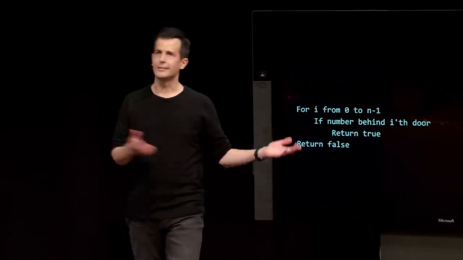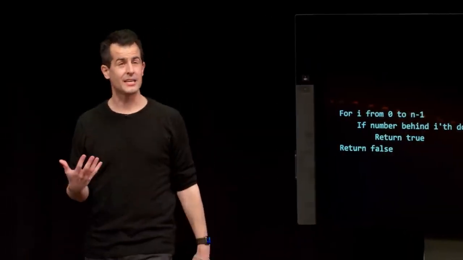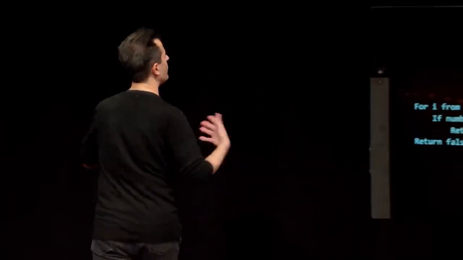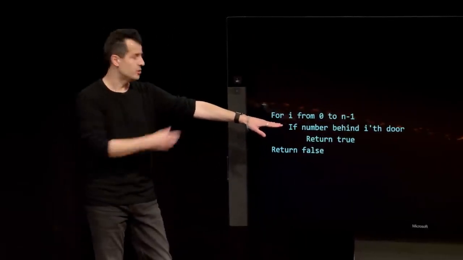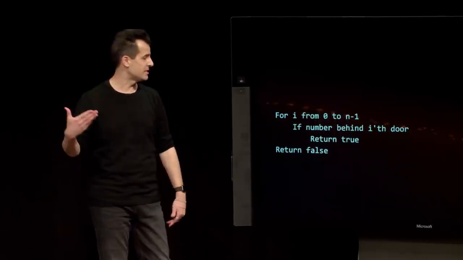Computer scientists tend to start counting from 0. If there's n doors, or 7 doors in this case, you want to go from 0 on up to 6, or from 0 on up to n minus 1. So this is a very common way of setting yourself up with a for loop, maybe in C, maybe in pseudocode in this case, that just gets you from left to right, algorithmically, step by step.